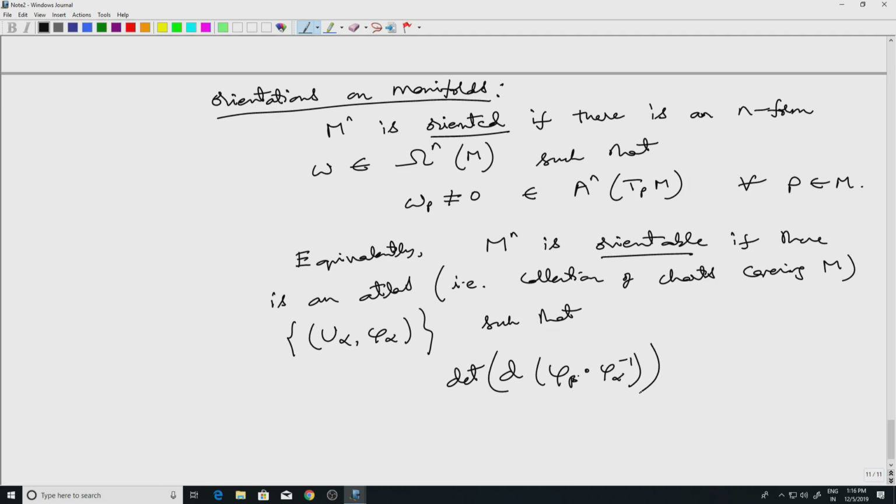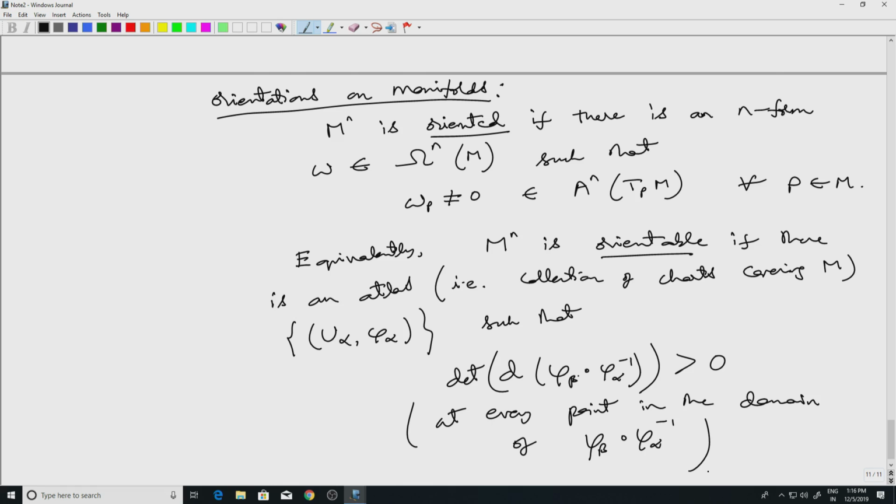This should be positive at every point in the domain of this transition function, so at every point in the domain of phi beta composed with phi alpha inverse.